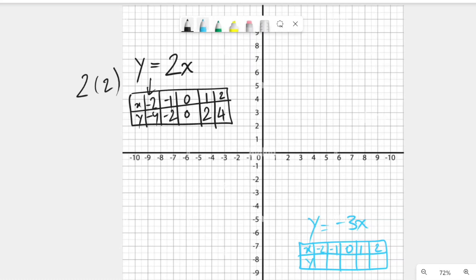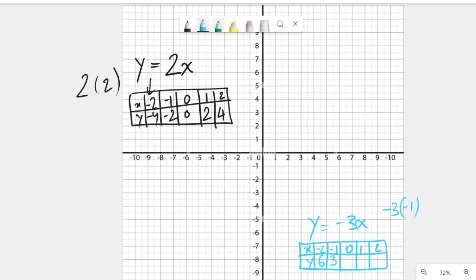Same thing we will do with the second one. So negative 3 times x. What happens when x is negative 2? Negative 3 times negative 2 will be 6. What happens when x is negative 1? Negative 3 times negative 1 is 3.